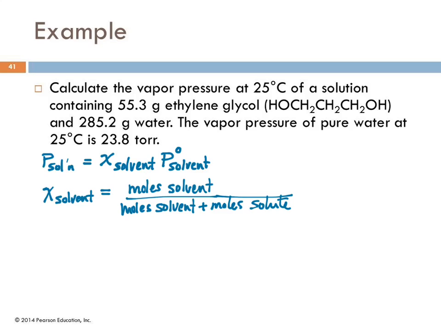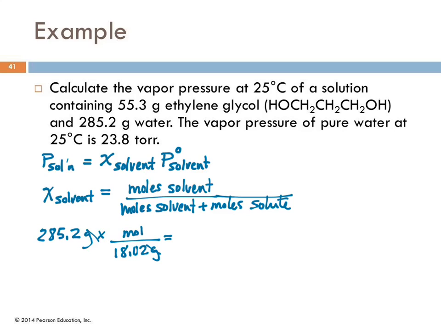So we need moles of solvent. What's the solvent? Water. So we'll take the mass of the water, which they gave us, 285.2 grams, and we're using the molar mass of water, 18.02 grams. Grams cancel out. Yep, I knew I forgot something. 285.2 divided by 18.02.